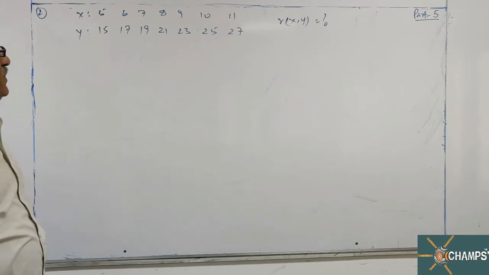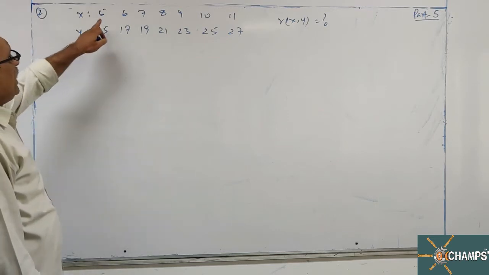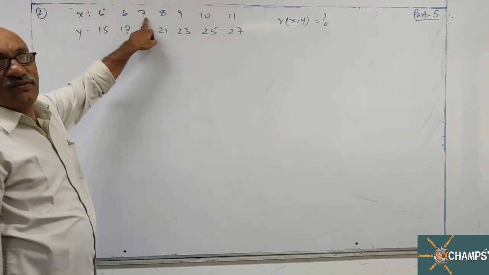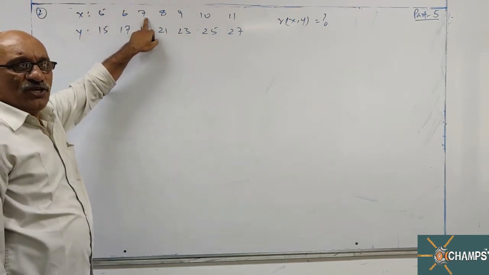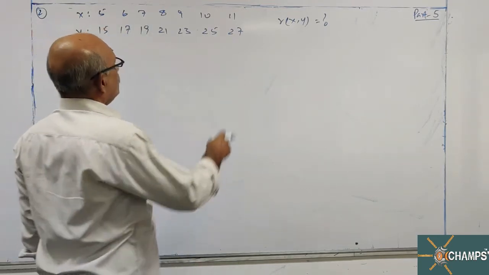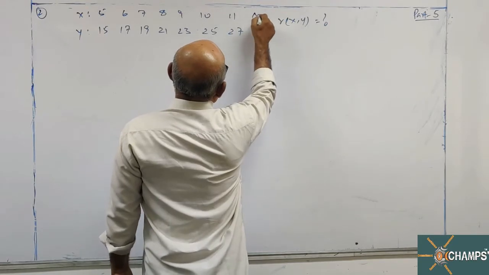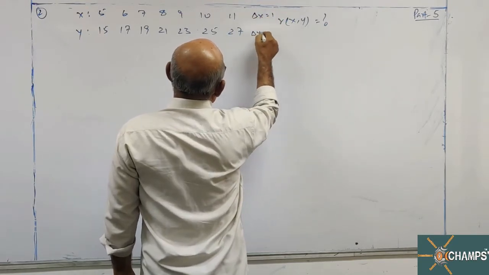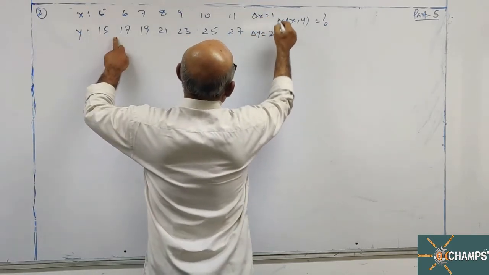Now look at this observation, sir. For a unit change in the value of x, means x values are changing by 1. So here delta x is equal to 1, delta y is equal to 2.